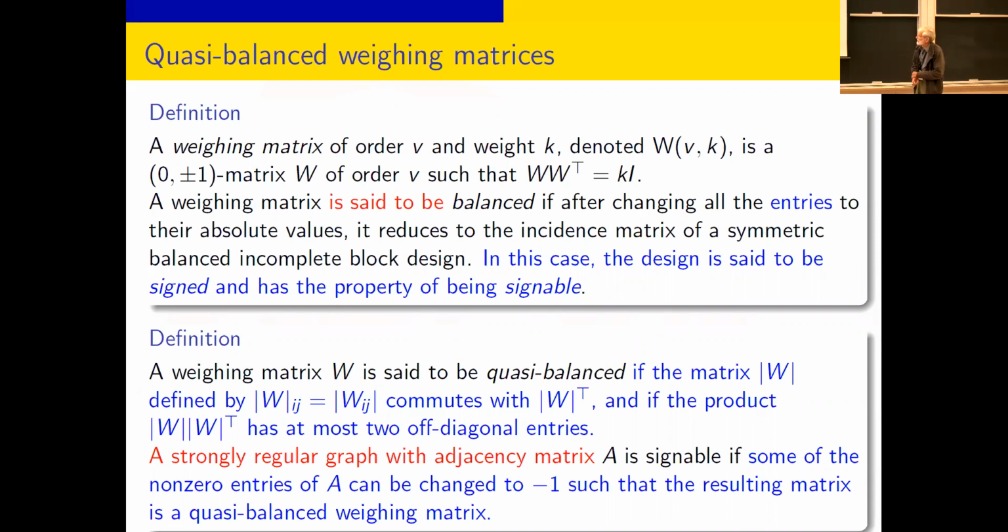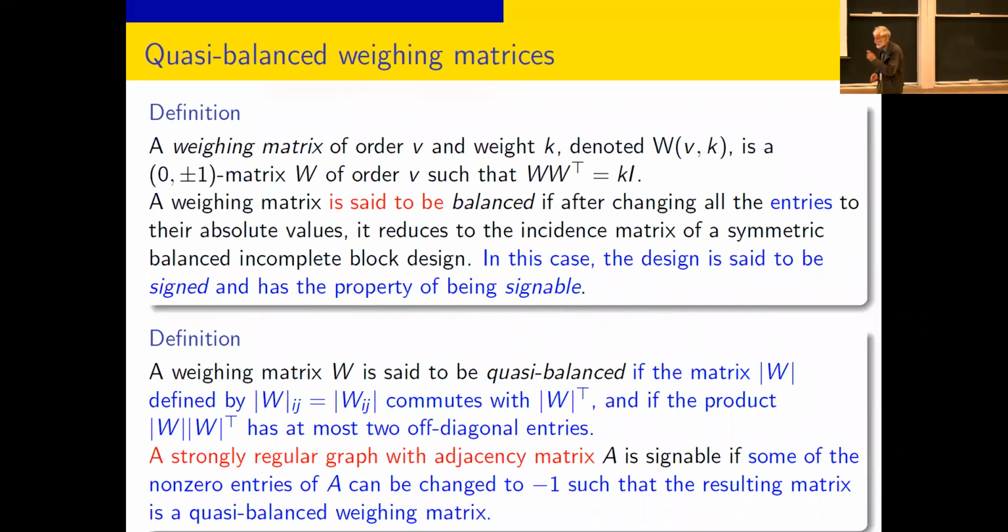Now, a strongly regular graph with adjacency matrix A is signable. It was quite clear that we have to go to strongly regular graphs, because when you multiply the adjacency matrix by its transpose, off diagonal you get two entries. We say that a strongly regular graph with adjacency matrix A is signable if you change some of the ones to -1 and you get a weighing matrix, making the rows orthogonal to each other.